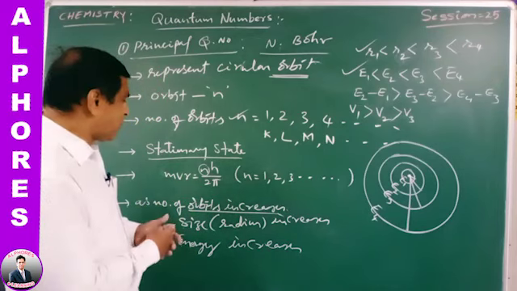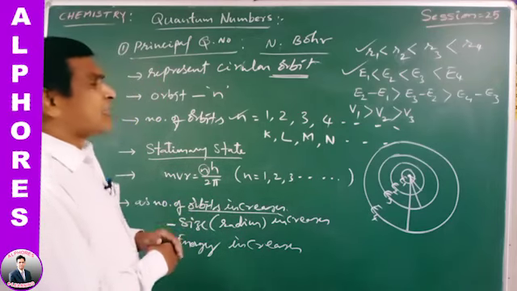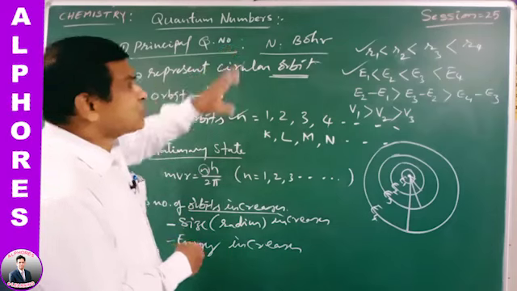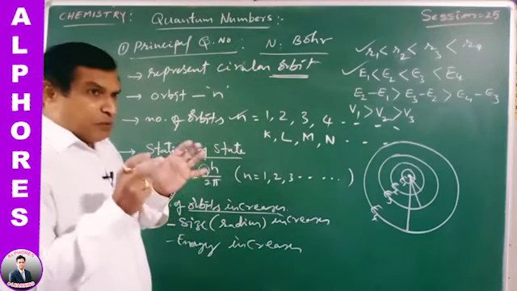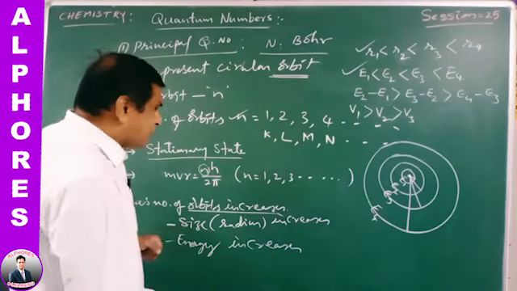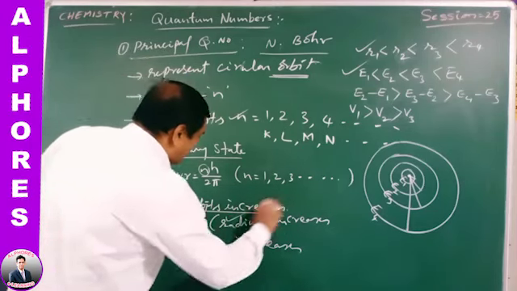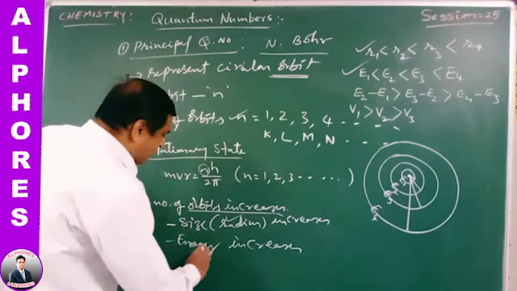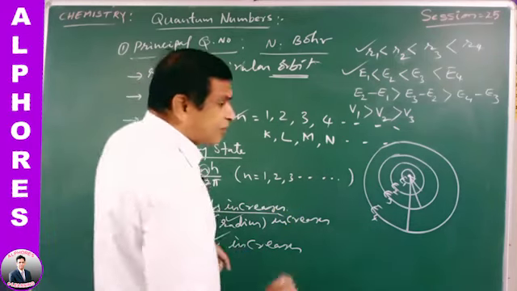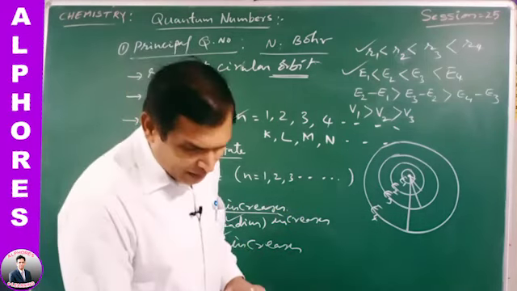Next point is Bohr's theory, that is Niels Bohr proposed equations to calculate size, means radius of orbit, and to calculate energy of electron in the nth orbit.